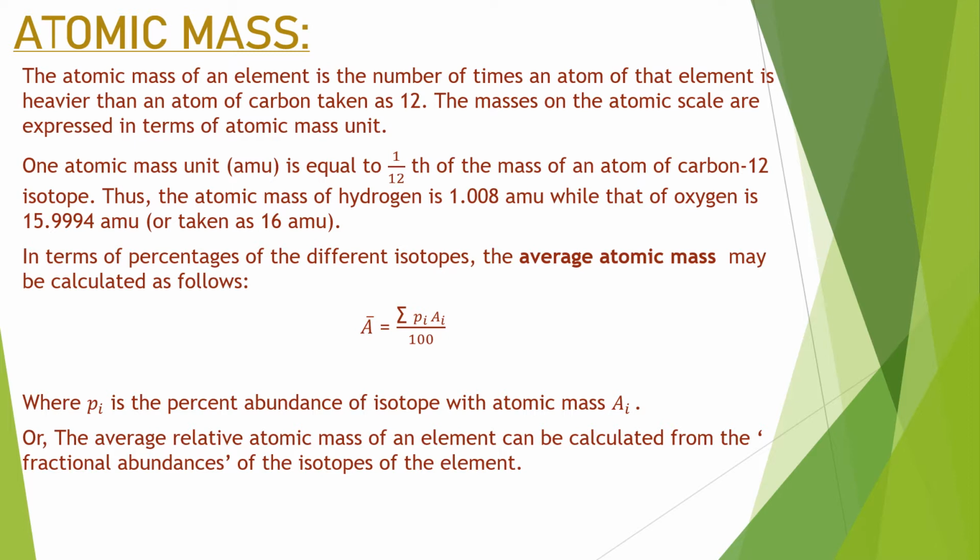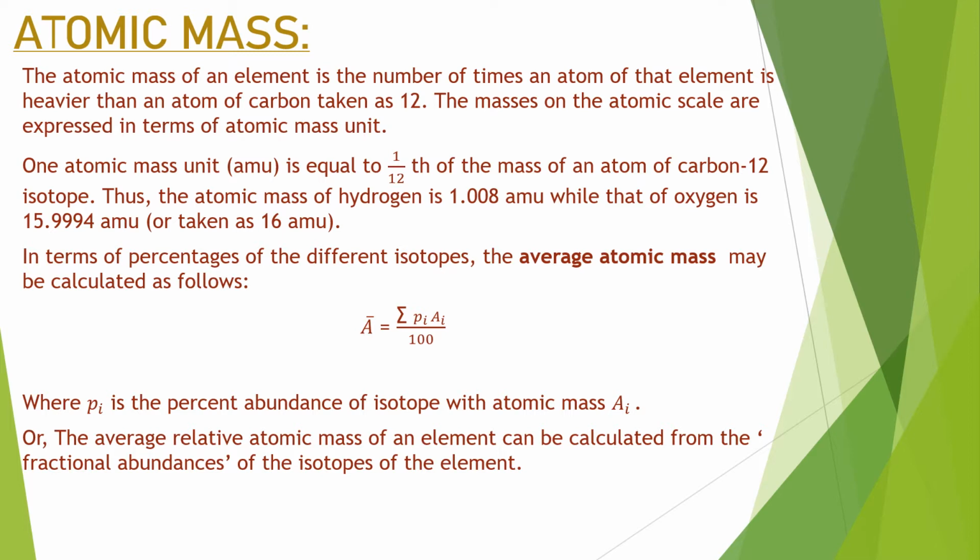However, a still better reference, which is now widely accepted, has been found to be carbon, taken as 12. On this basis, the relative mass of hydrogen comes out to 1.008 and that of oxygen as 15.9994, or we can write it as 16.